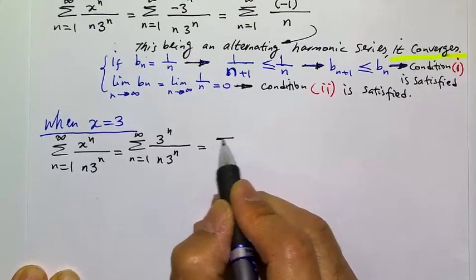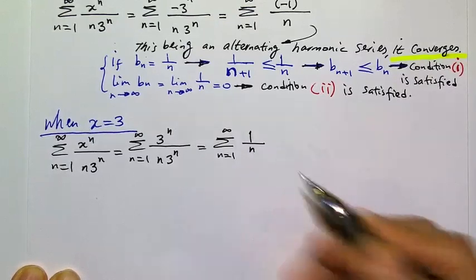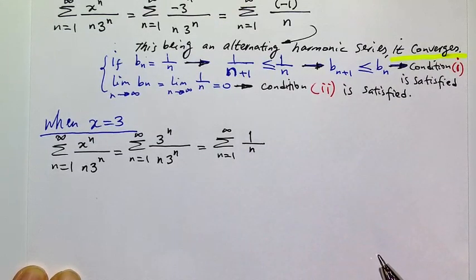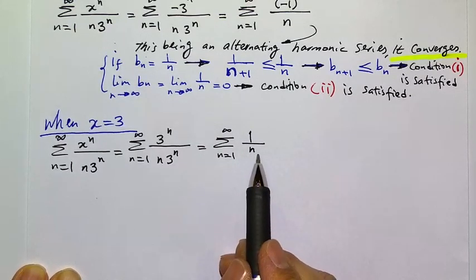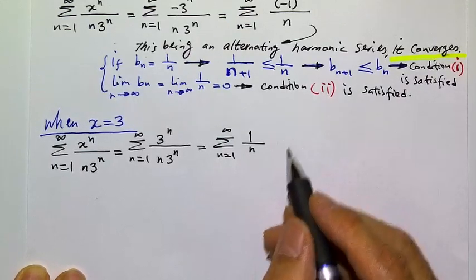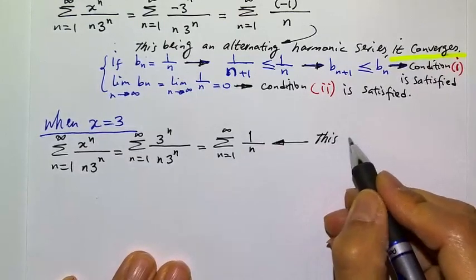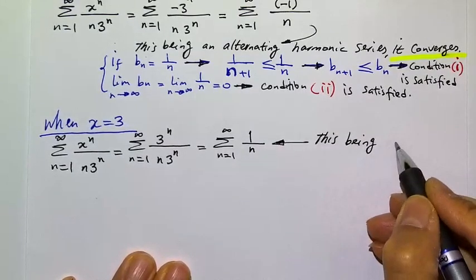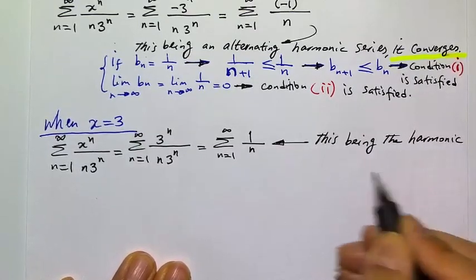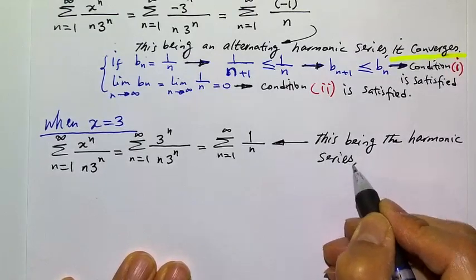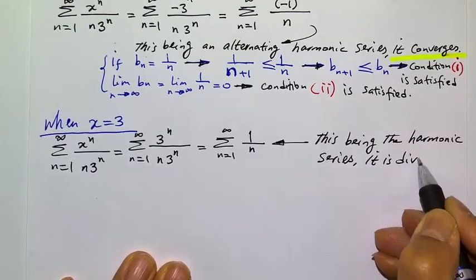Of course, this will reduce to, lo and behold, the harmonic series. So at this endpoint, we have the harmonic series, and we know that this diverges. It is divergent.